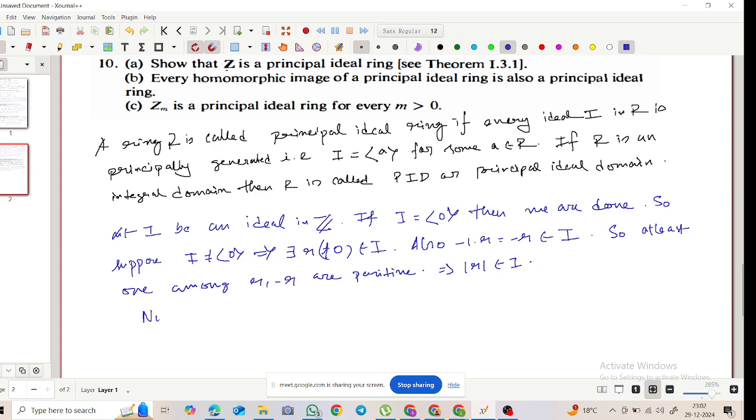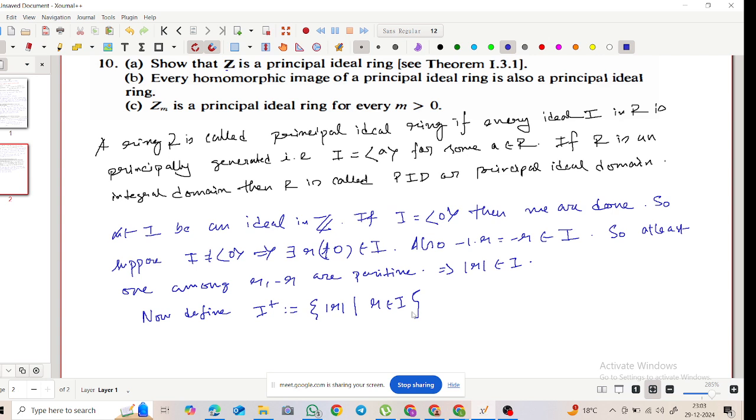Now define the set I plus, the set of all mod r such that r belongs to I. So basically you are picking up the elements in I and taking their mod and putting them in this I plus.